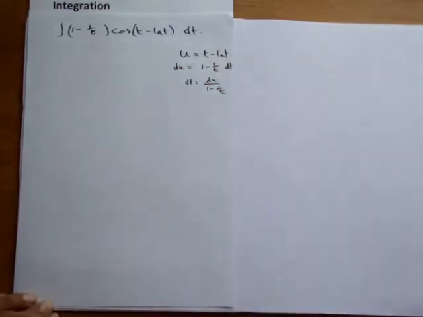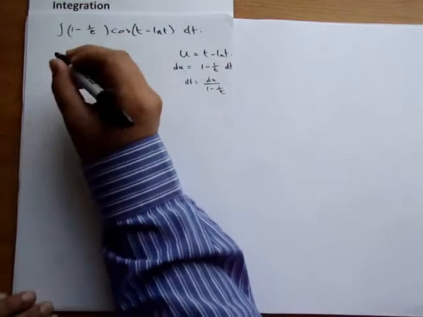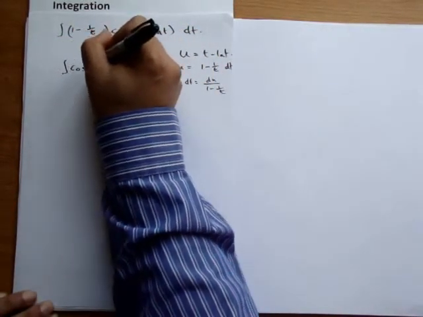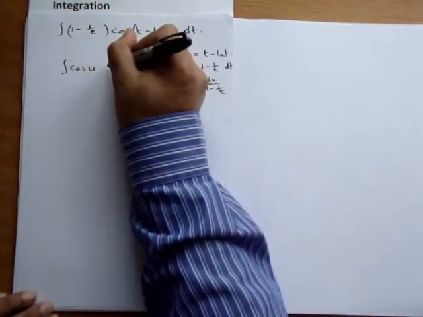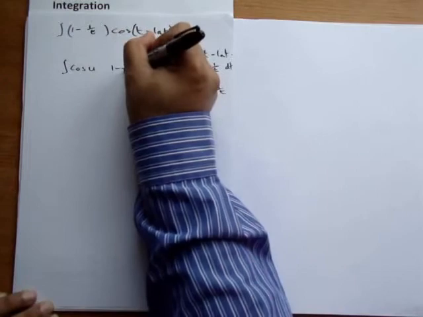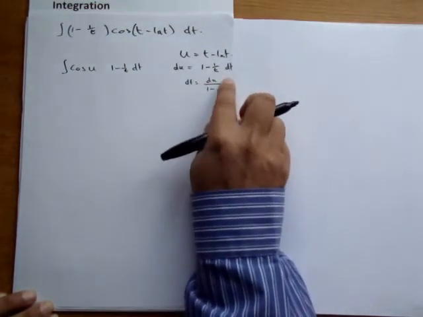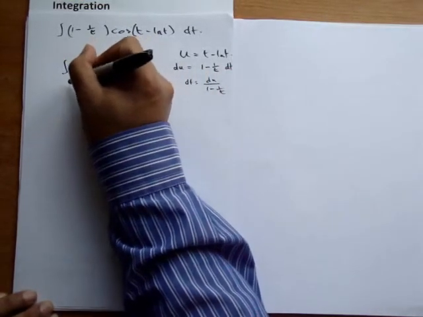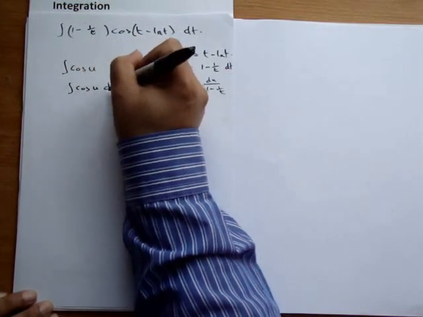So when we replace this in here, this becomes cos of u, and then we're left with this, which is 1 minus 1 over t dt, and the 1 minus 1 over t dt is du, so that's nothing but the integral of cos u du.